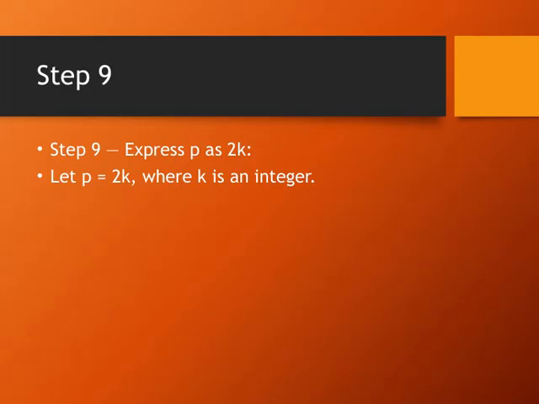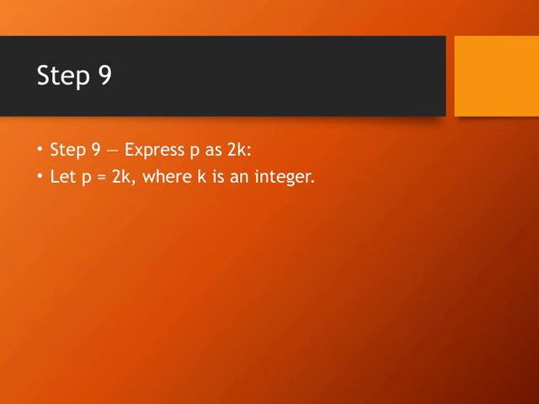All right, let's move on to step 9. In this step, we're going to express p as 2k, which means writing p as twice some integer k, so we'll say p equals 2k, where k is just an integer, could be any whole number, positive or negative. This is an important step because it helps us analyze whether p is even or odd, and that plays a big role in our overall proof or problem-solving process.